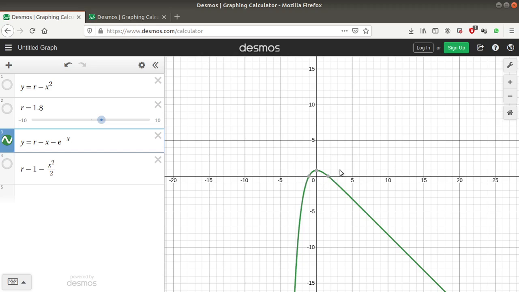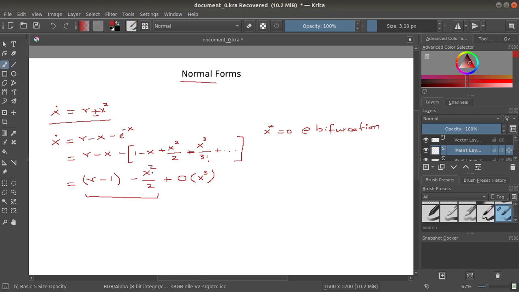So this is a saddle node bifurcation, but does it look like this? The claim is that locally, in the region where the bifurcation happens, this particular equation will look like this. So now let's plot that function.